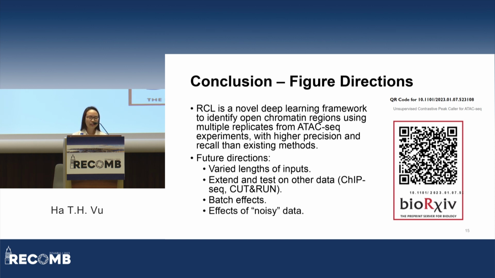For future directions, we would love to vary the length of the inputs, so alpha is not fixed at 1,000 base pairs, and potentially extend and test the framework on other data types, such as ChIP-seq and CUT&RUN data. Currently, we haven't looked at batch effects or the effects of noisy data when doing contrastive learning together, so those would also be interesting directions in the future.